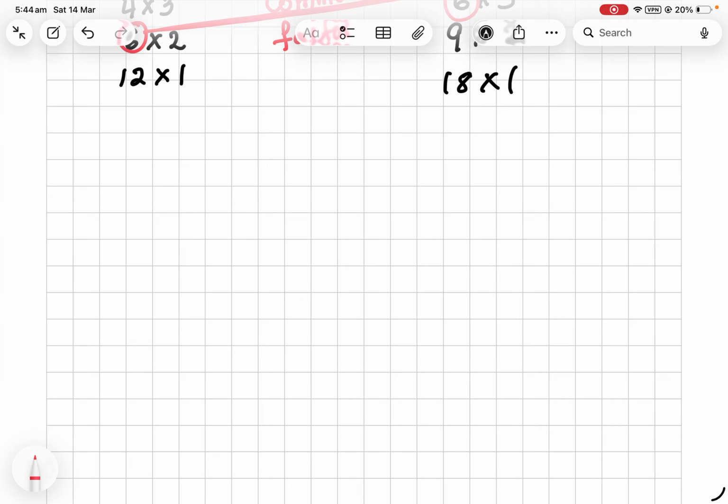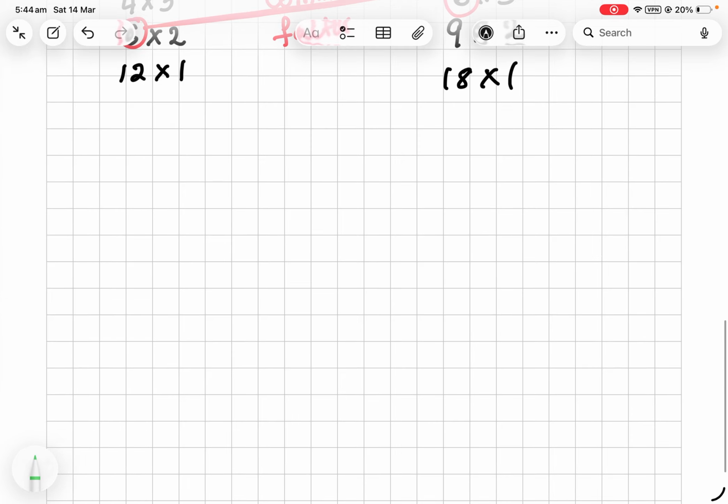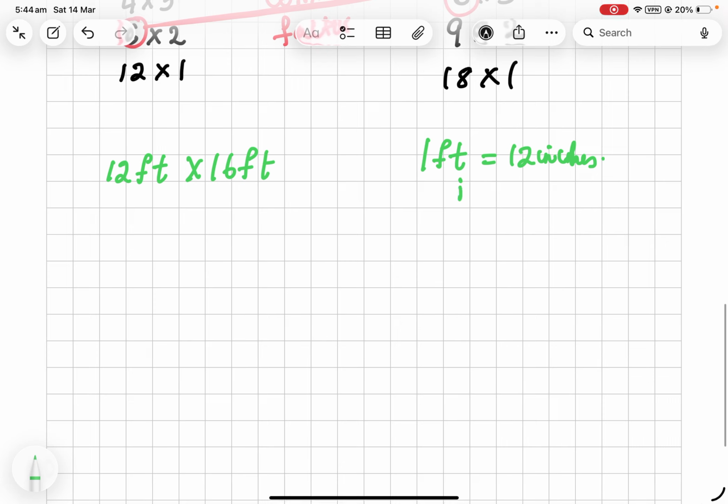So let's just say the size of the room is 12 feet by 16 feet. By the way, 1 foot is 12 inches. Okay. 1 inch is 2.54 centimeters.